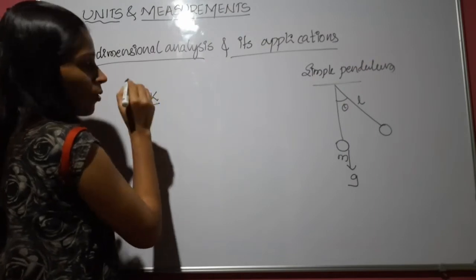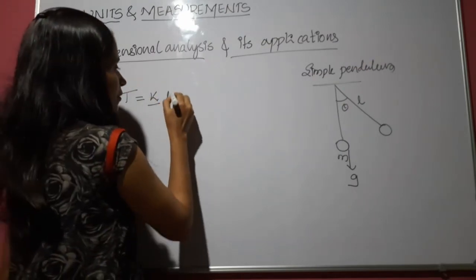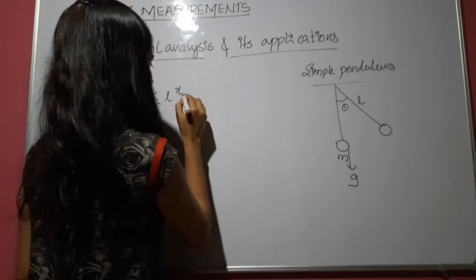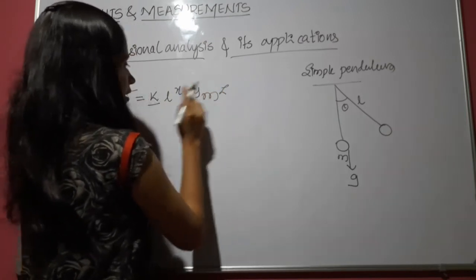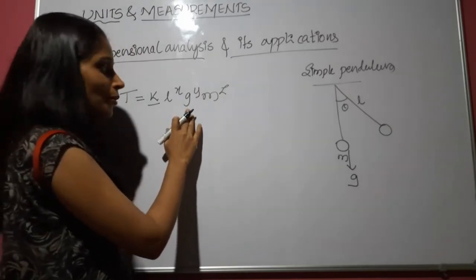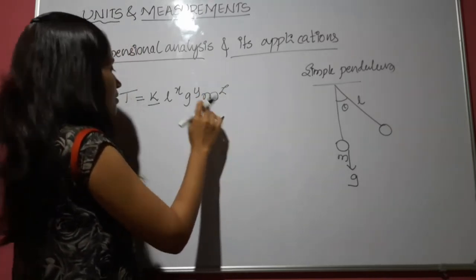Okay, T is equal to constant K, L power x and G power y, M power z. L length, G is acceleration due to gravity, M is mass.